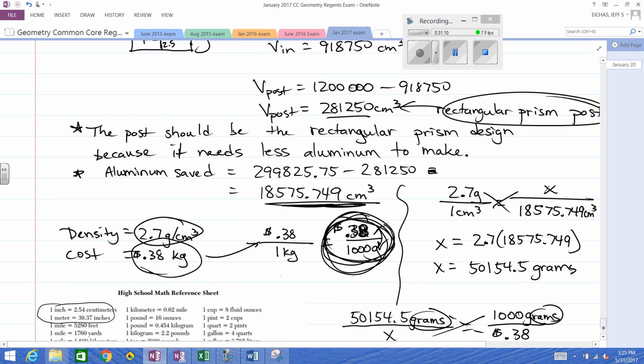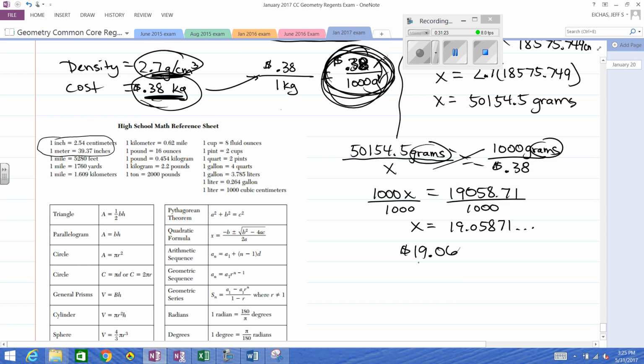We saved this many cubic centimeters of aluminum. It's got this density and this cost per kilogram. We're going to save $19.06 per post using the rectangular prism design.